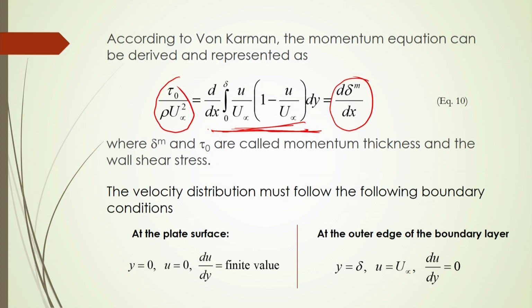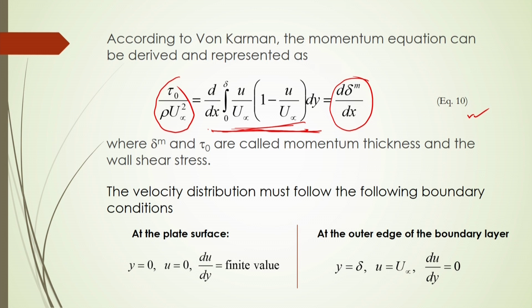According to von Karman, this momentum equation can be represented by equation number 10, where we can see the shear stress over the surface, acting opposite to the flow of the fluid on the surface of the solid. It depends on the free stream velocity and also the fluid properties. So, the change of momentum thickness with respect to x will give you the shear stress.